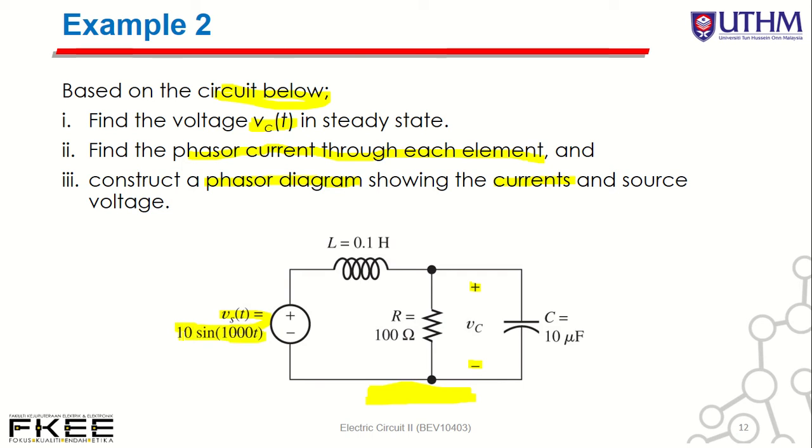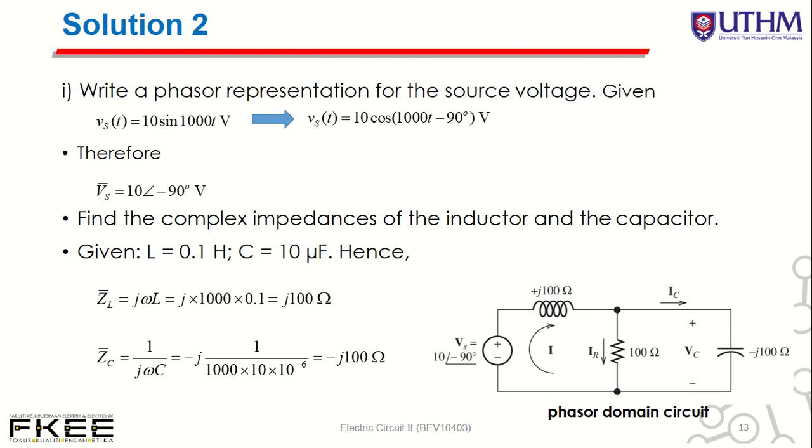You need to convert to cos: Vs equals 10 cos(ωt − 90°). So draw the phasor circuit diagram first. Vs, sine you convert to cos with minus 90 degrees. Then you can get Vs in phasor form.